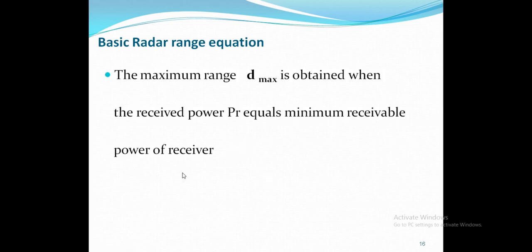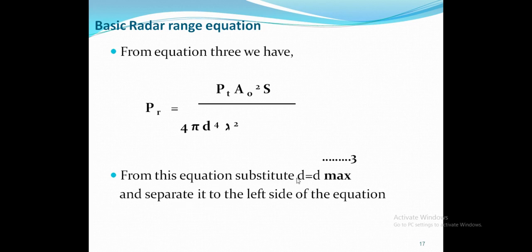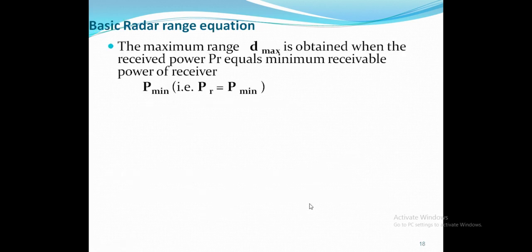Here we have to determine the maximum range equation, that is Dmax. That is observed when the received power PR is equal to the minimum receivable power of the receiver, that is PR is equal to P minimum. From this equation, substitute D as Dmax and separate it to the left side of the equation.